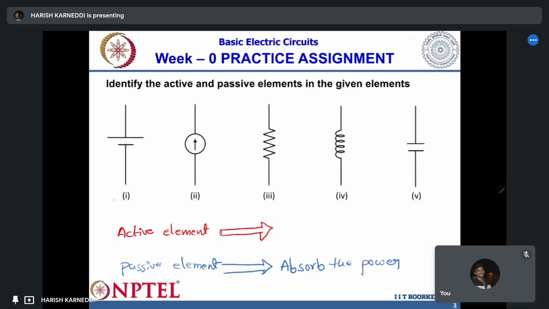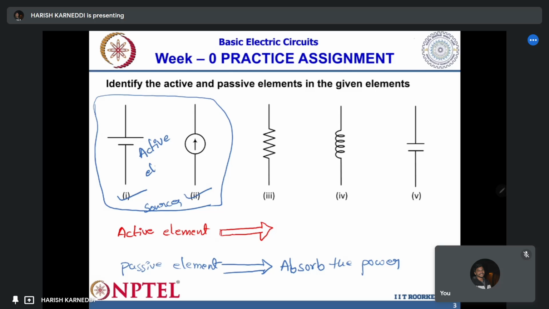The first and second ones are the sources, right? These two sources are going to deliver power to the loads. If these two are delivering power, these two are active elements, right?